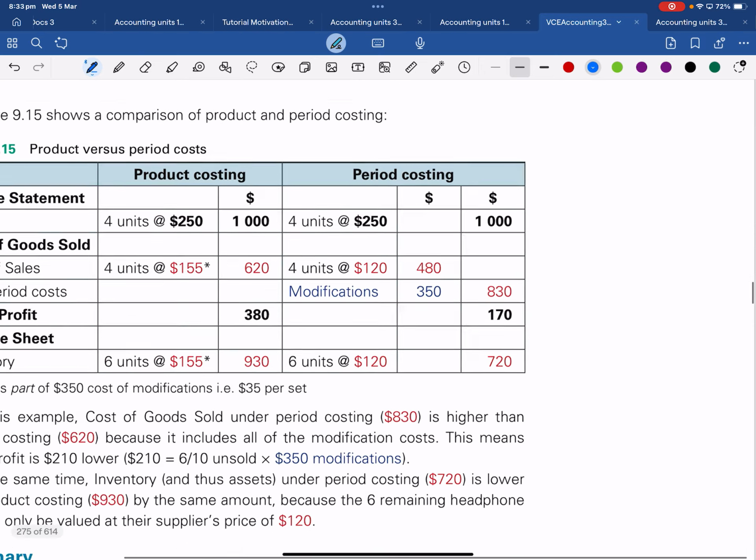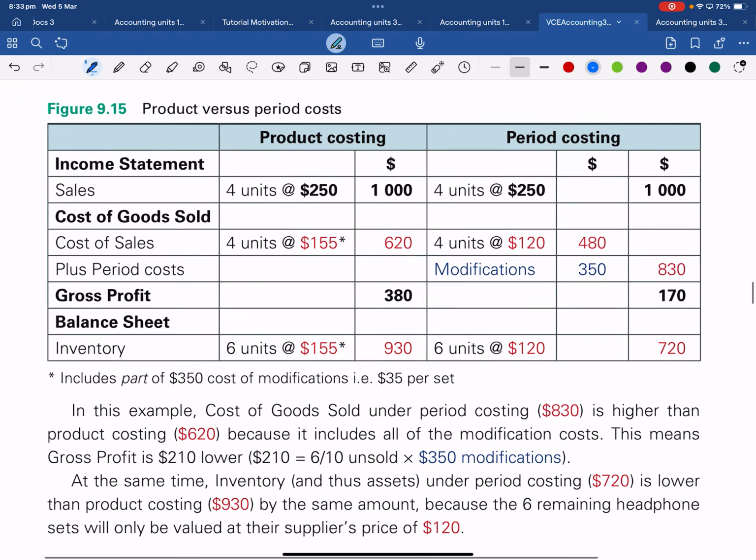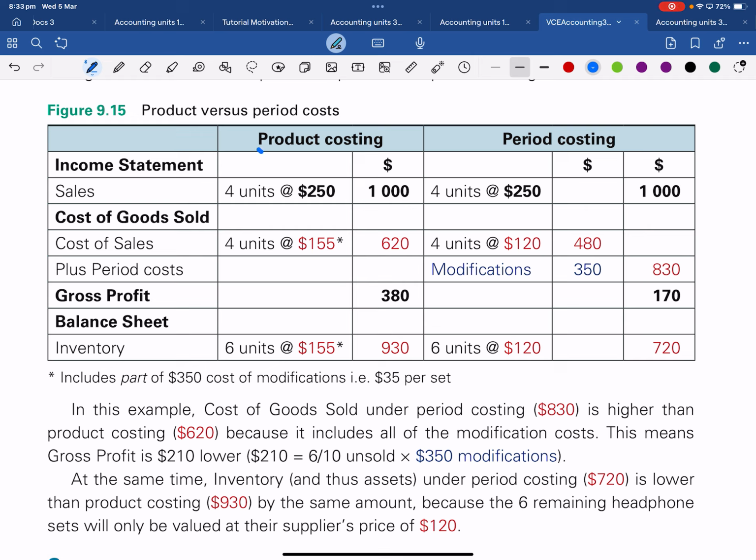Okay, now we'll compare product cost and period cost. If it is a product cost, how much was the gross profit? 380, which is somewhat higher. But under period costing, the gross profit is lower by 170. Why is that?